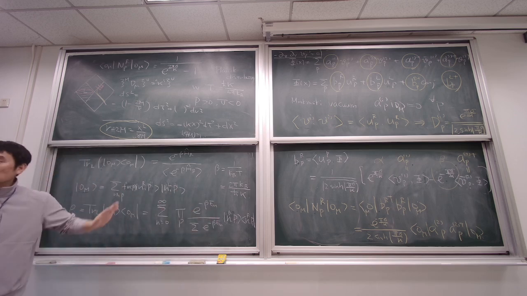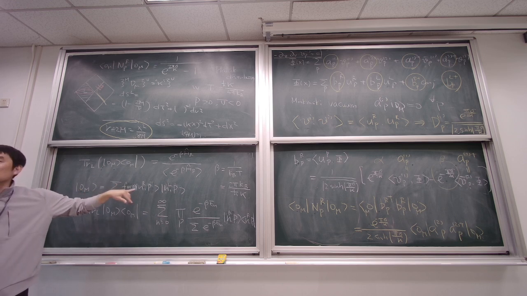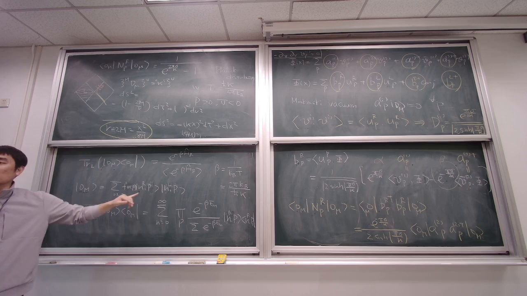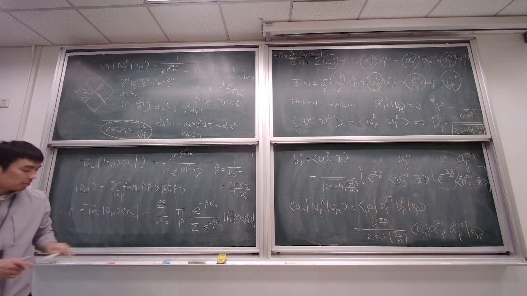So I will derive this next time. But in any case, the Minkowski vacuum is no longer just a vacuum in terms of right and left Rindler states; it's really coherent states. So that's what I wanted to explain.